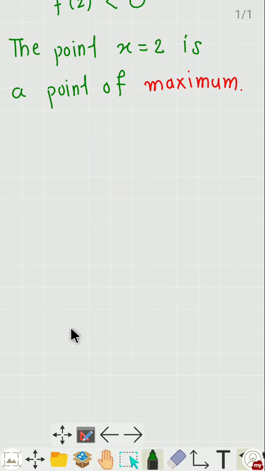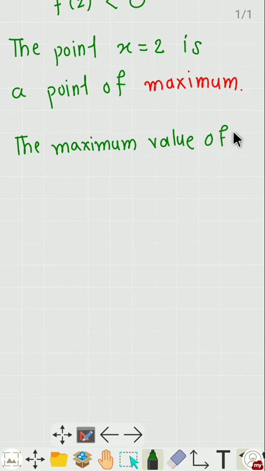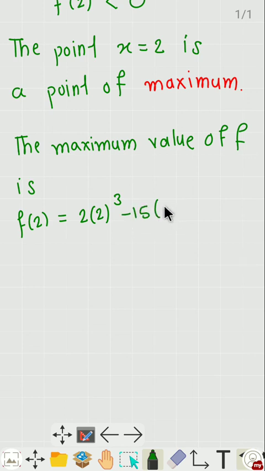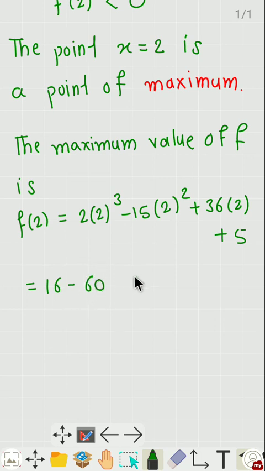And next we write the maximum value of f, which is f of 2. f of 2 means 2 times 2 cube minus 15 times 2 square plus 36 times 2 plus 5, and it is equal to 16 minus 60 plus 72, plus 5.